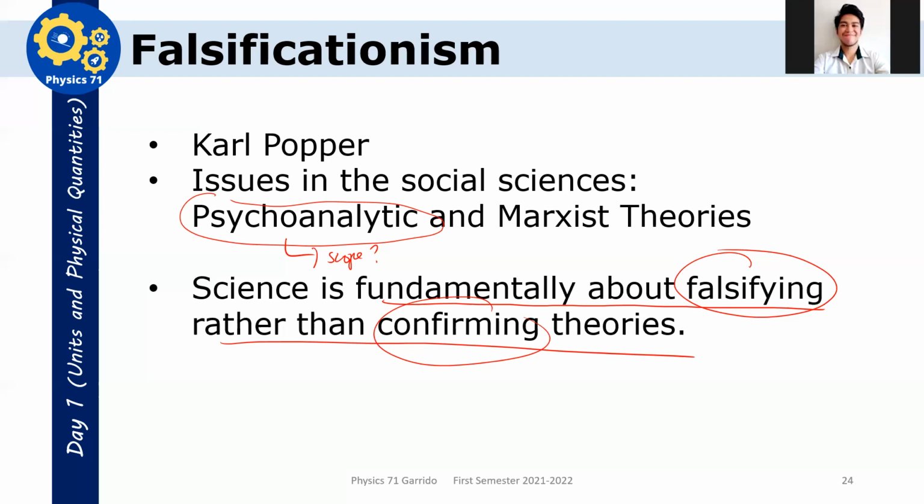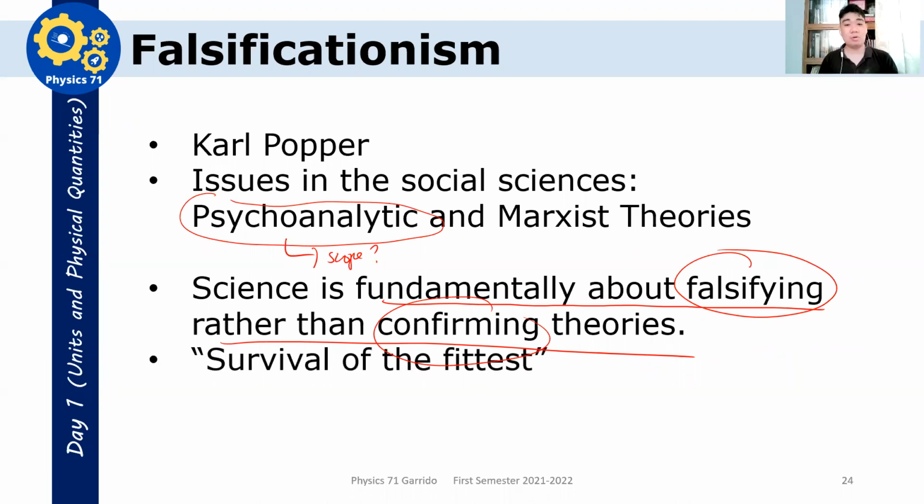So, ibig sabihin, scientific theory ang isang teorya kung may capability siyang maging mali, hindi maging tama. Of course, pangit ang teorya na puro mali. Pero dapat may capability na magkamali ang isang theory. May capability na i-test yung theory na yan para masabi mo na scientific theory yan.